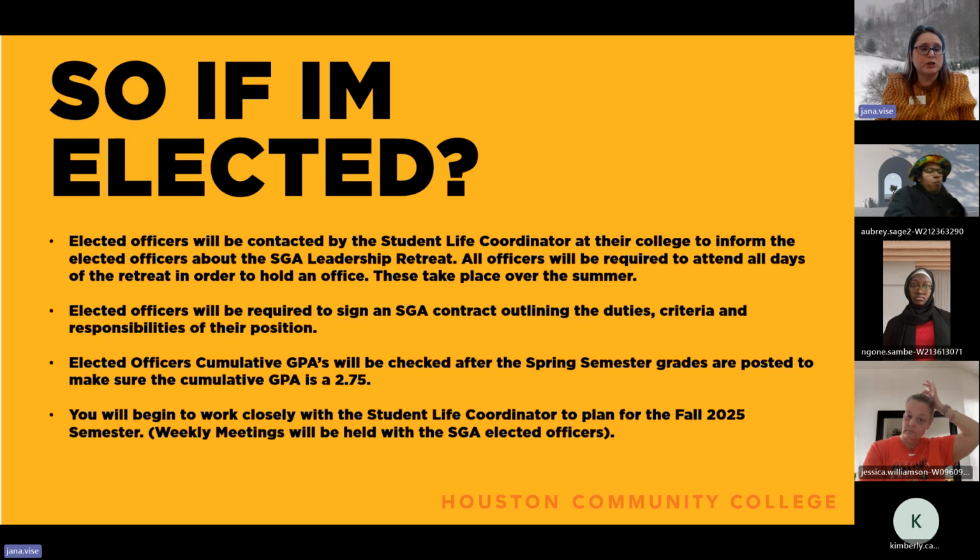After graduation, we recheck your GPAs to make sure you still have a 2.75. If not, then we will let you know that you will not be able to continue on as an officer. And then you'll work closely with the Student Life coordinator and the other officers to plan for the fall and spring.